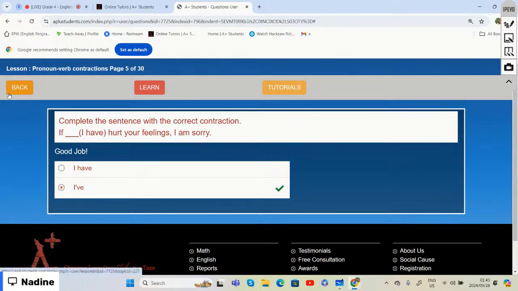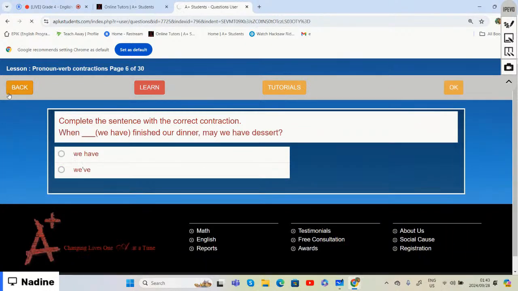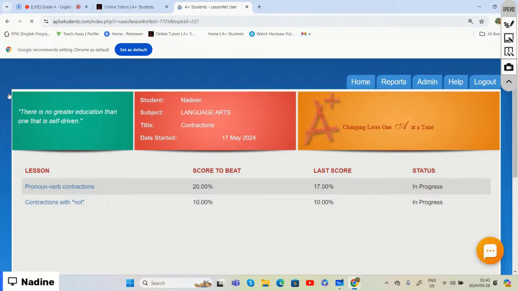So well done. And remember, when you shorten the word, the pronoun stays the same.